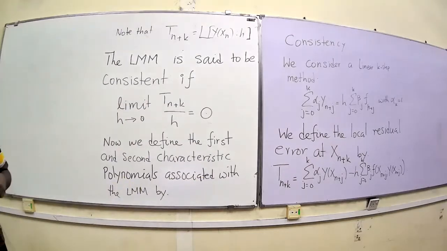In order to see an alternative condition to check the consistency of the method, let us define two more things. They are polynomials.